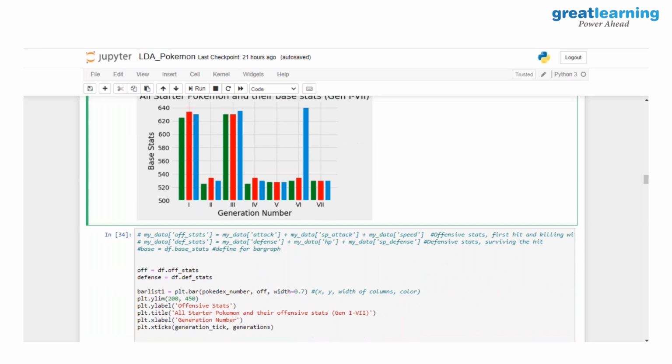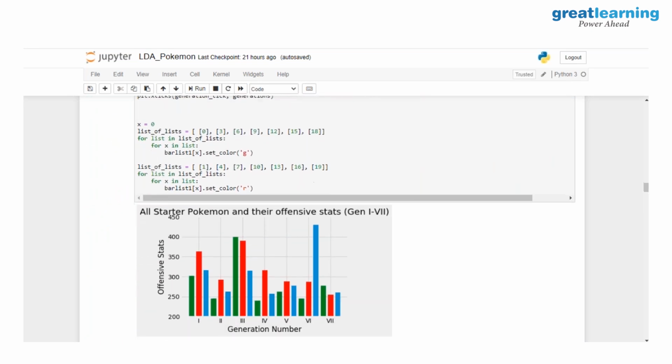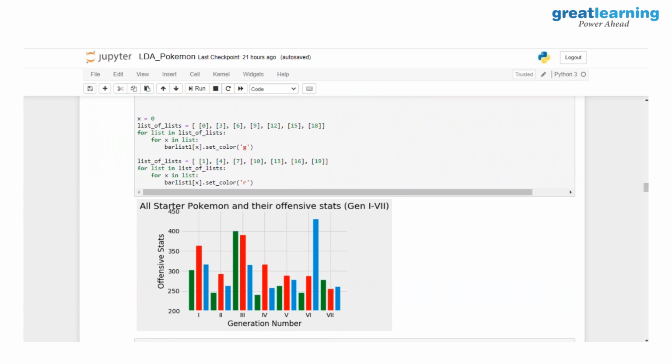What does that mean? Let's look at some other offense stats as well. Look at their offense stats from generation 1 till 7. The base stats is a more normalized kind of number, whereas the offensive stats show us the different variation that is coming across.